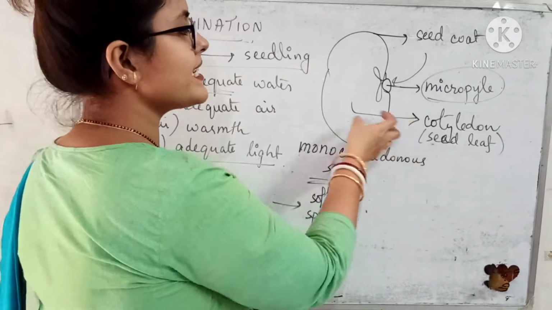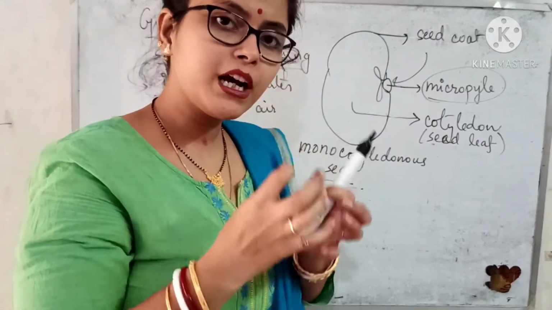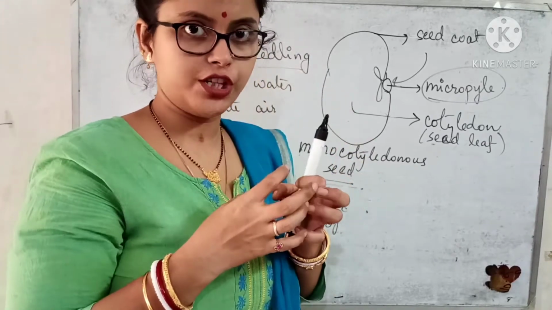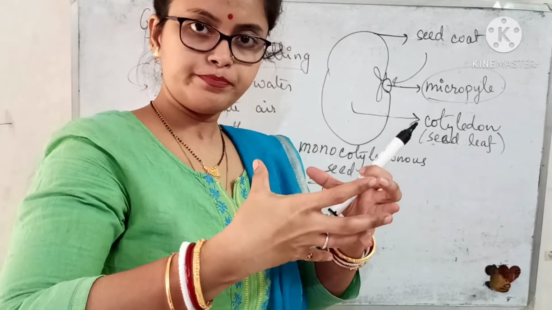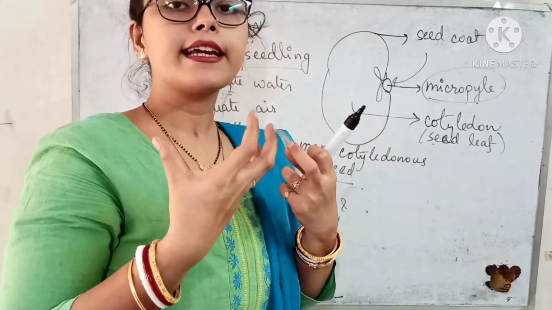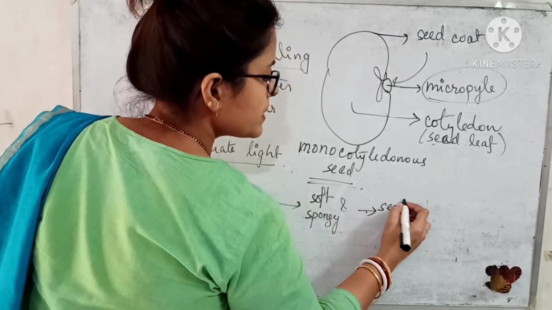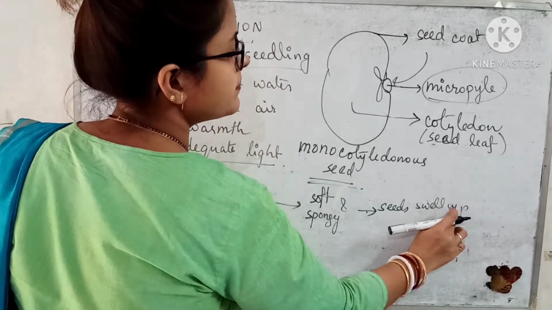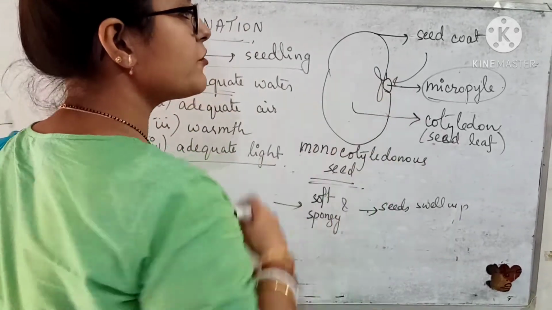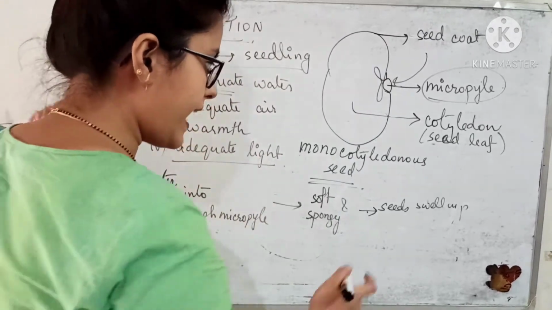Because when water gets into the seed, the hard covering of the seed starts becoming soft and spongy and it starts getting swollen. So the seeds swell up because water gets into the seed through the micropyle. Okay. Then what happens?